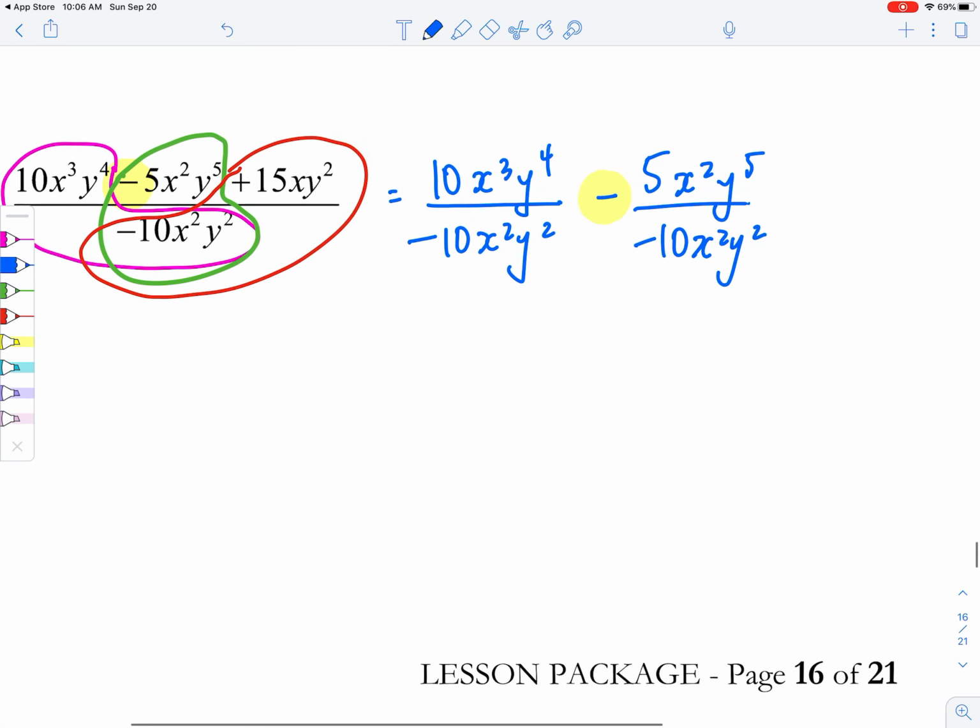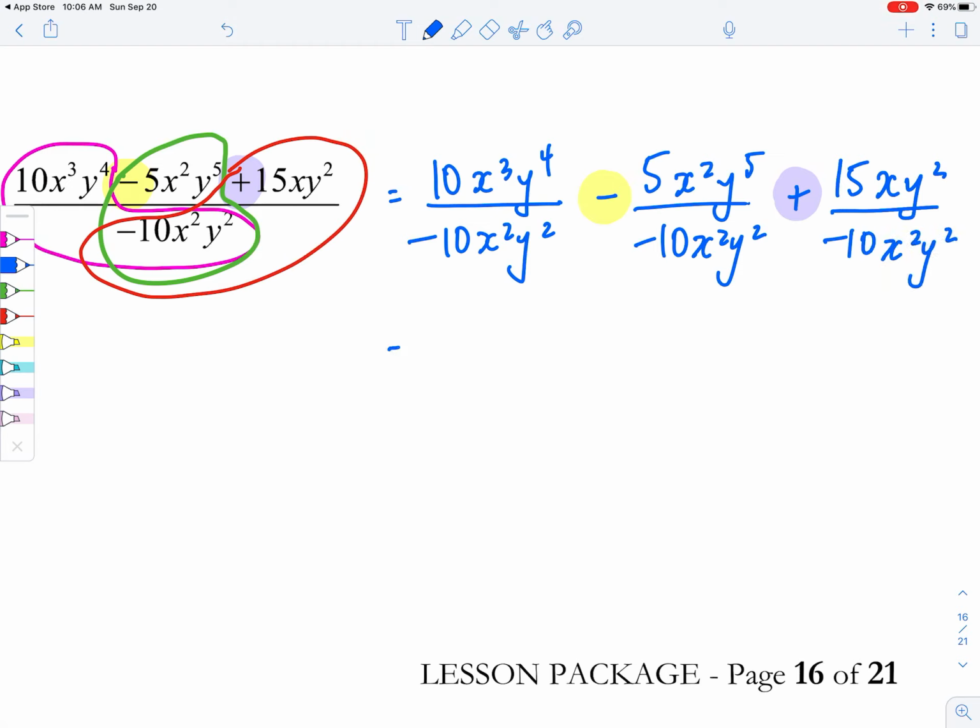And then the last is plus, because it was a plus. So plus 15xy squared over minus 10x squared y squared. And fraction by fraction now we're going to simplify. 10 over minus 10 is minus 1.